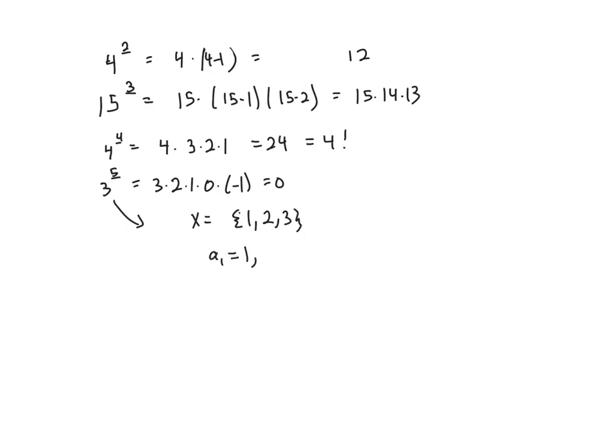Suppose I pick 1. Well, a_2 can't be 1. It has to be 2 or 3. Suppose I pick 3. Then a_3 is forced to be 2, and a_4 is nothing. I've run out of room. So if the length of the sequence is longer than the set, and you're requiring the entries to be distinct, there are no such k permutations. And that matches what our formula tells us too.